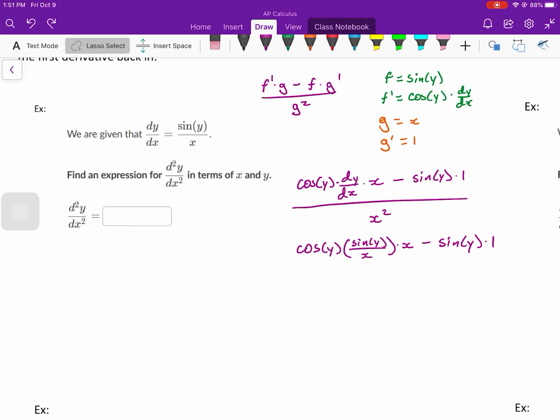Just so we can see what happened there, I took this right here and I substituted in what dy dx was in the beginning, sine of y over x.